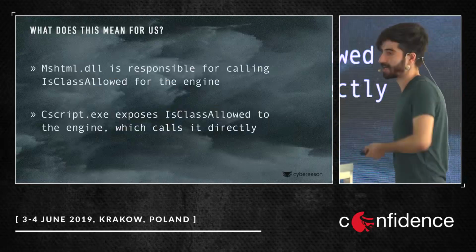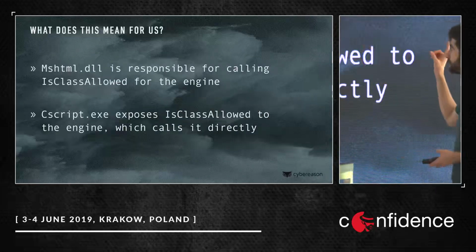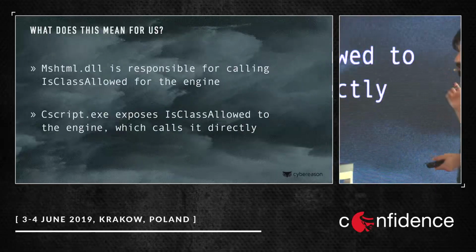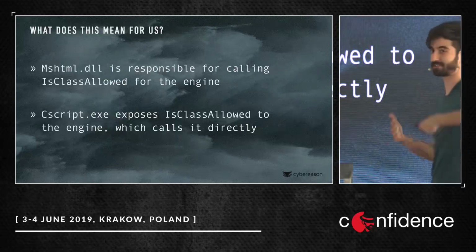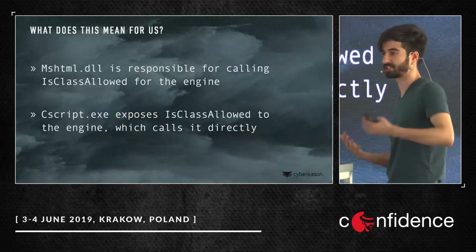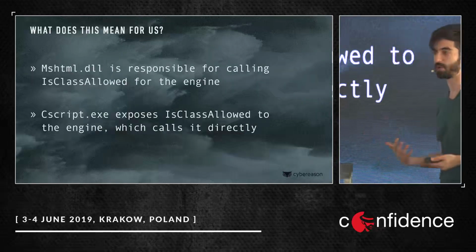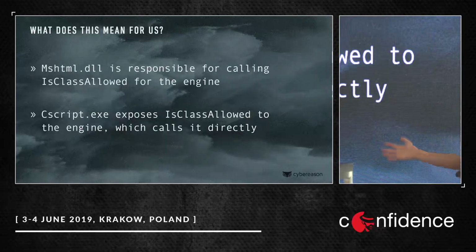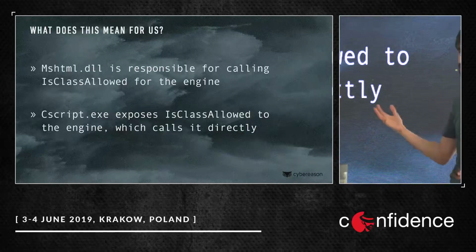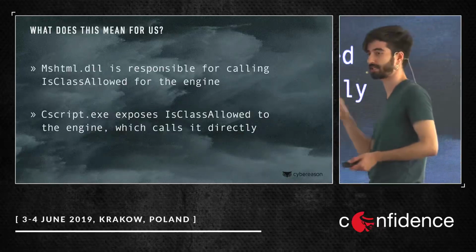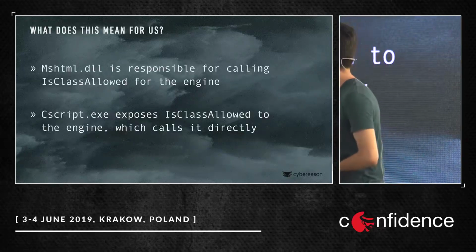What happens here is that MSHTML itself calls its own is class allowed function, meaning that basically the team that developed device guard for MSHTML decided it's our responsibility. Whenever somebody checks anything related to security with a COM object, we will call is class allowed and check everything against device guard.